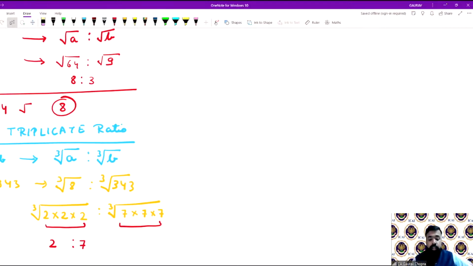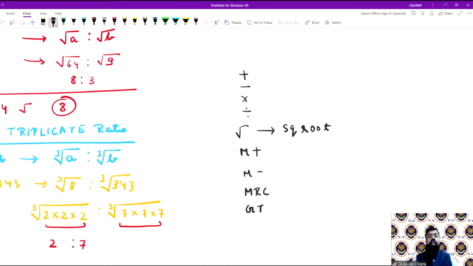On your calculator, there are some basic functions, that is plus, minus, multiply, divide. All these are there. Then a square root button will be there. Then M plus, M minus, then MRC and GT. All these functions are there. This root sign is basically known as square root. This is not cube root, this is not fourth root, this is simply square root. So there is no button for cube root in the calculator.